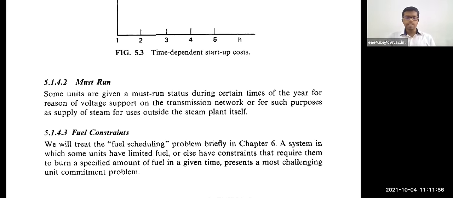So that is what is said in must-run generating units. Some generating units are must-run status during certain times of a year for the reason of voltage support on the transmission network, or as they supply steam for use outside the steam power plant itself.